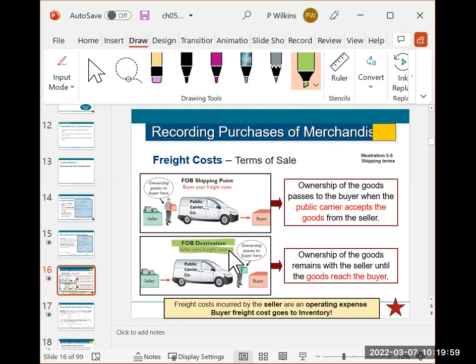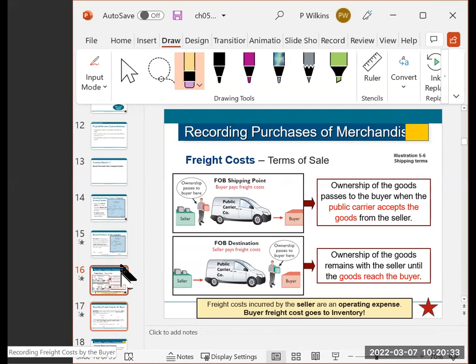And as the seller, everything does not go to inventory. We'll talk more about that when we talk about the sales piece, but there's actually an account called freight expense or freight out. Ownership passes to the buyer once it gets to the buyer. So the whole time it's on the truck, the seller owns it if it's FOB destination, okay? We're not going to be dealing with any of this, but this is information for you to know because it would be important.